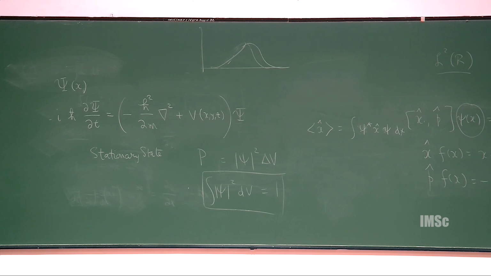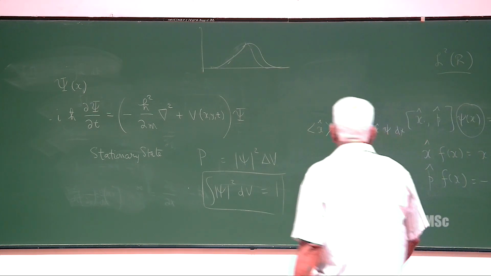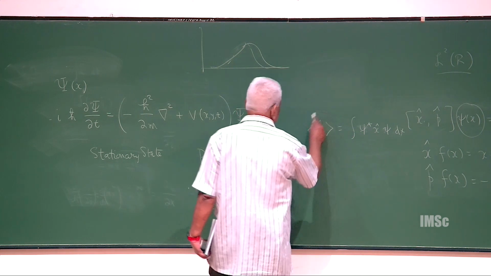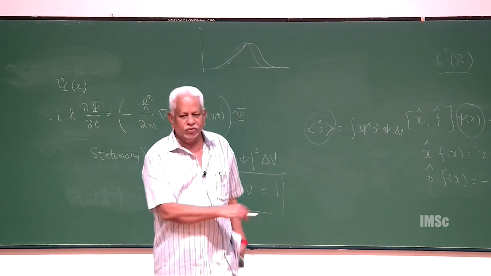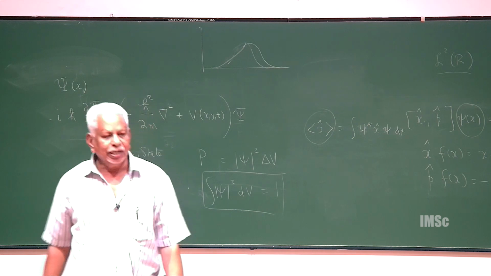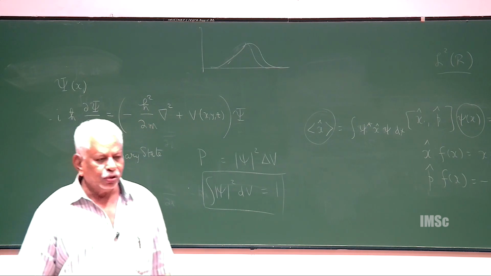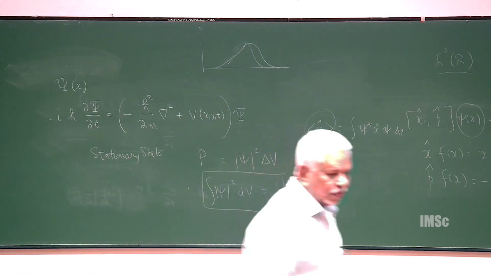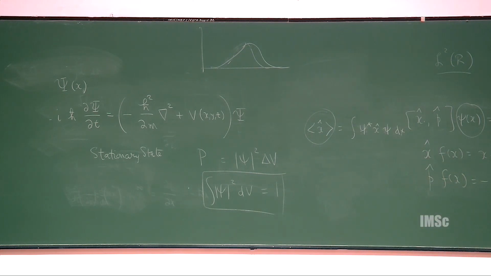So find this number, that will tell me the expectation value of this operator. Finally, it is a number. What you mean by this is, when you try to see where the particle is, a very large number of times it will be found at that value. It will be distributed.